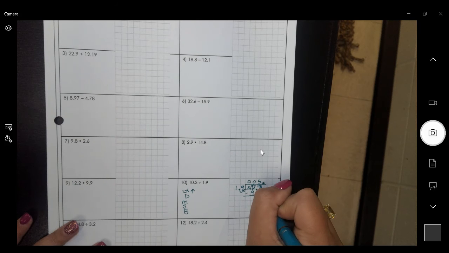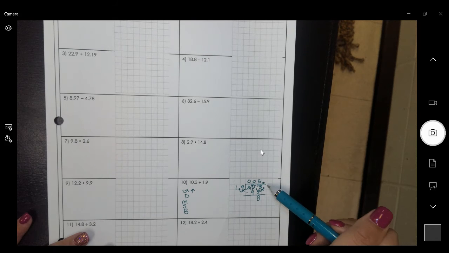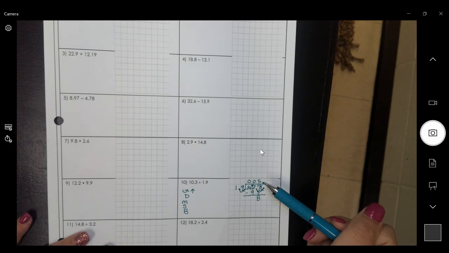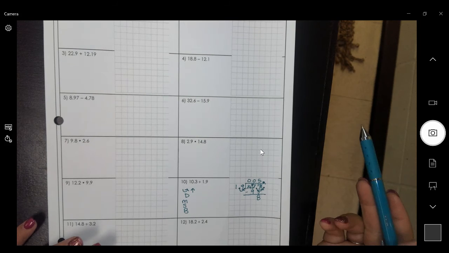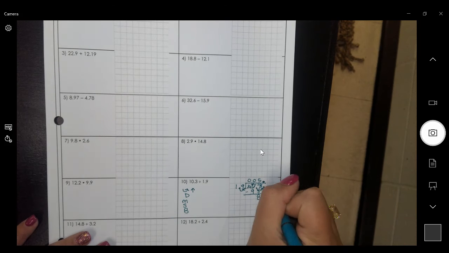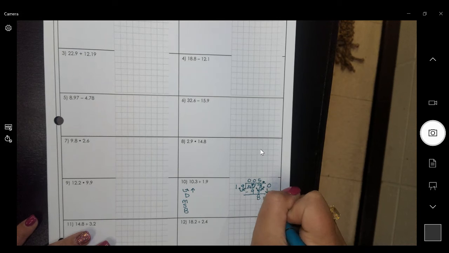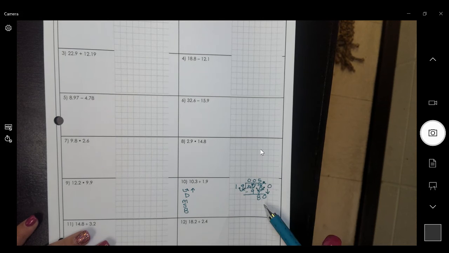That gives me 8. I'm sorry, 8. Okay? There's nothing else to bring down here. Because we're doing decimals, we can't have a remainder. So what we can do is add a 0 and bring down that 0. So now we have 80.